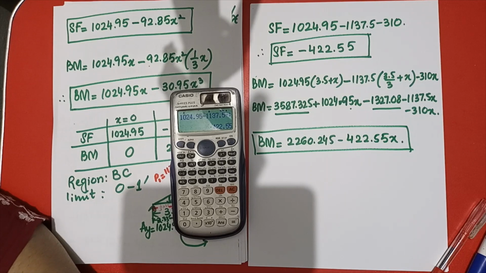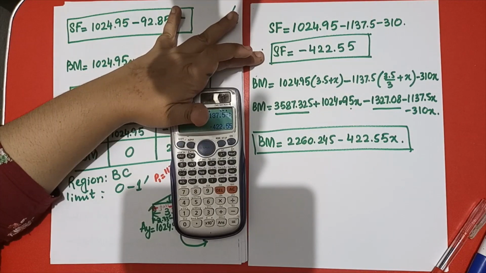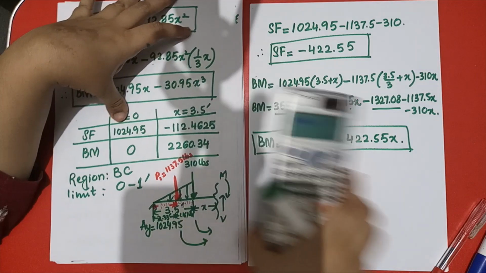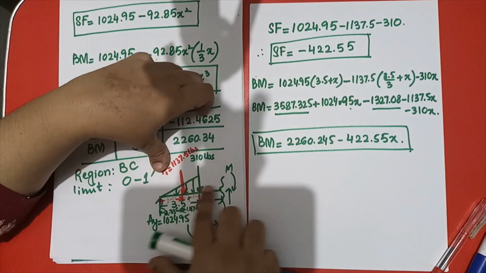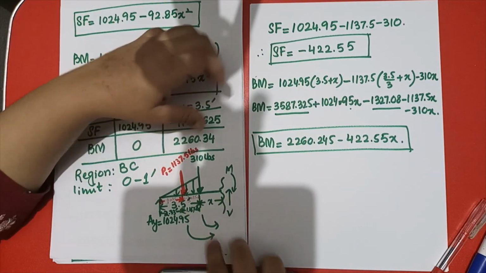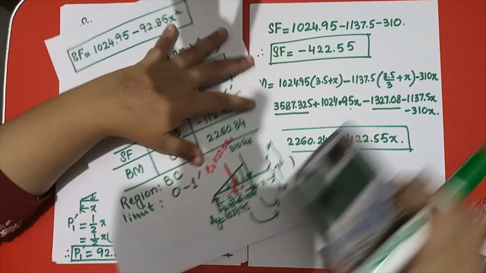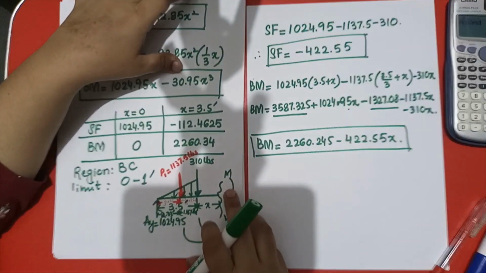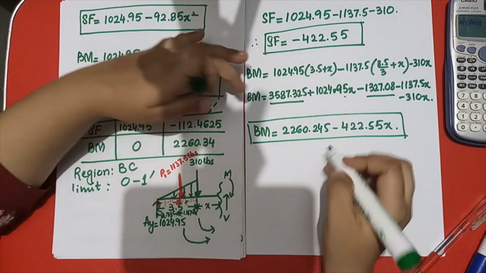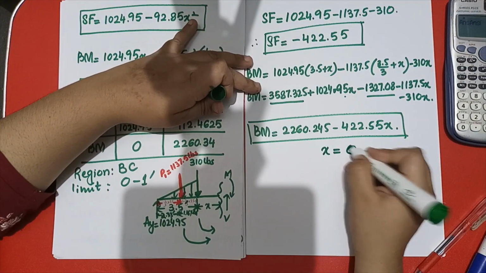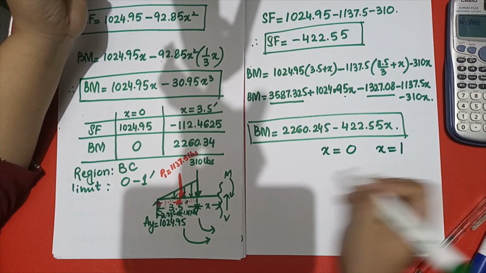So this is the way to make the shear force equation or bending moment equation, but there is no x value in the shear force equation. Why is it so? Because we are not having any load in between B to C. Now we have the limit x equals 0 to x equals 1 foot.